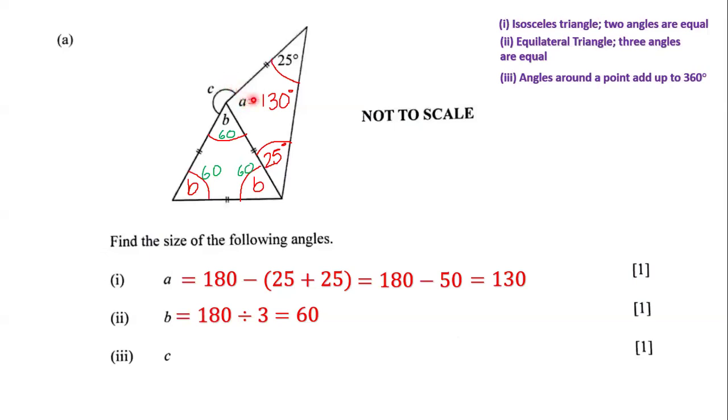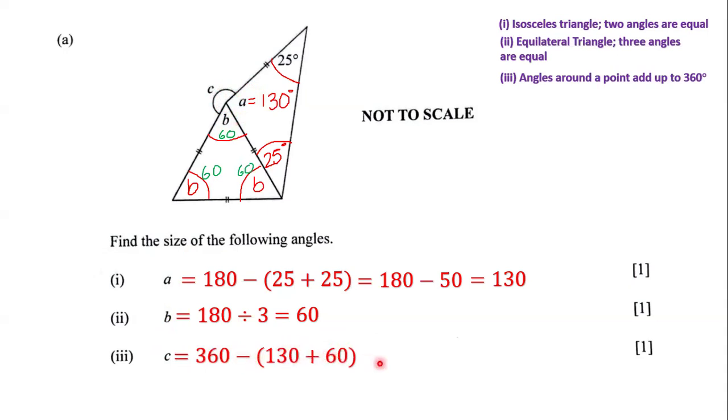So we take angle A, which is 130 degrees, and angle B, which is 60 degrees. We add them up and subtract the sum from 360 to get angle C. So angle C is equal to 360 minus the sum of 130 plus 60 degrees.